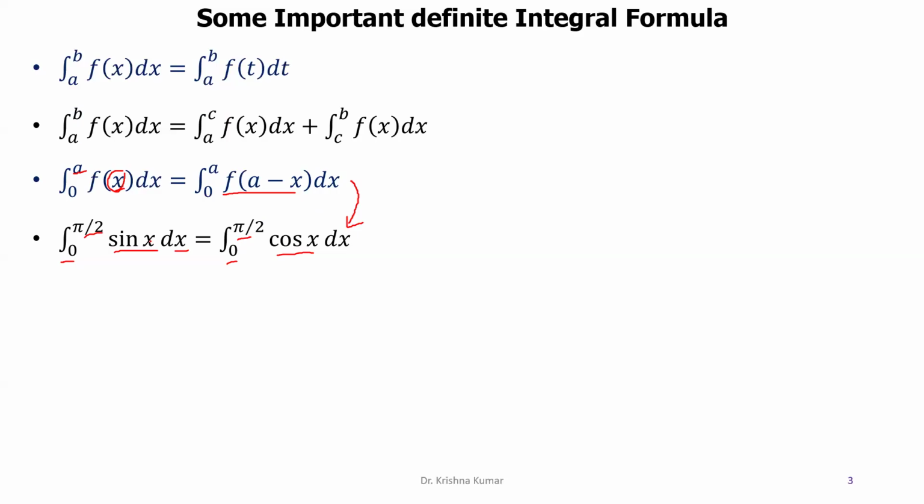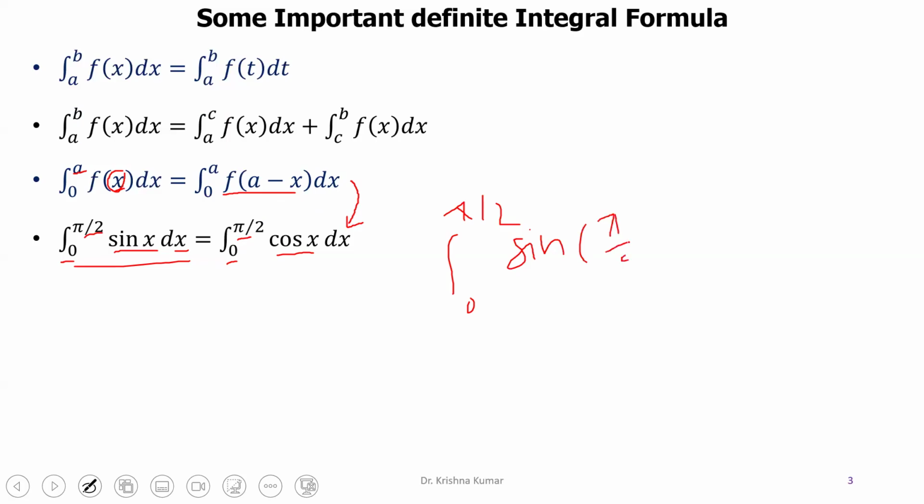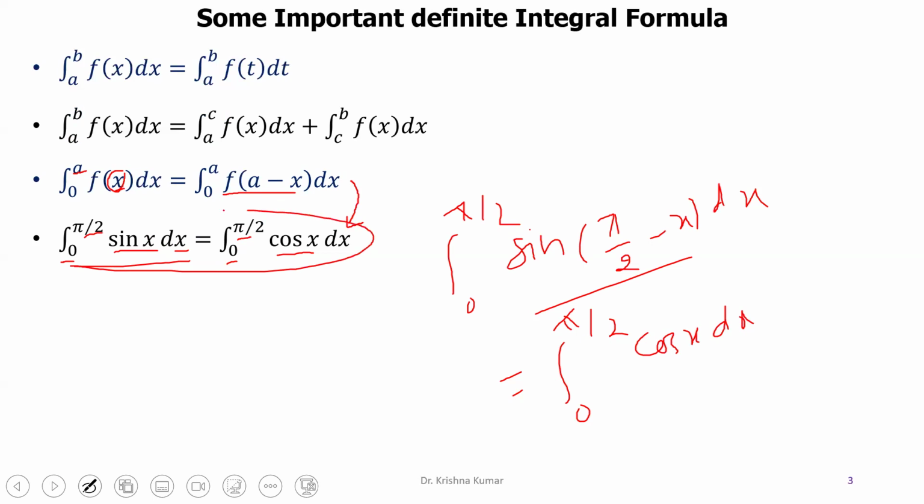If we write integration from 0 to pi by 2 of sine of pi by 2 minus x dx, we know that sine of pi by 2 minus x is nothing but cos x. So this can be written as integration under the limit 0 to pi by 2 of cos x dx. So this formula is the direct application of the previous formula.